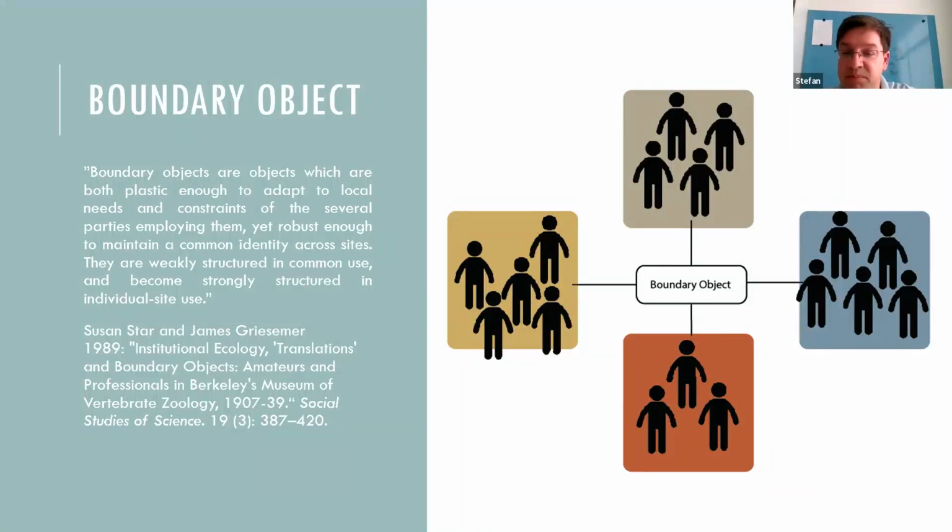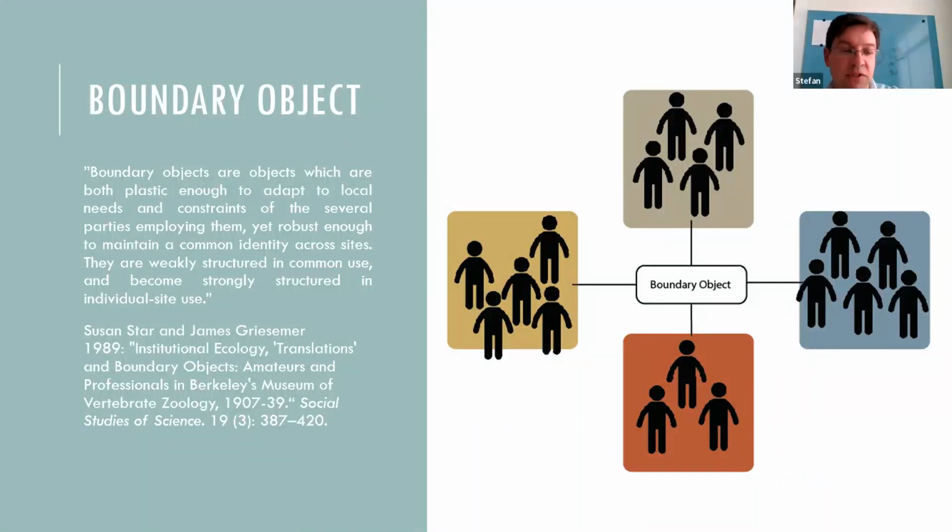If this boundary object is more clearly defined or standardized, then that happens at the level of one of the specific groups working with it, but not of the general or shared use. Between groups, it remains ambiguous, and this makes for its success, because different constituencies or different groups of people can give it their very own meaning. So far, we know that that is the meaning or the catch of a boundary object.